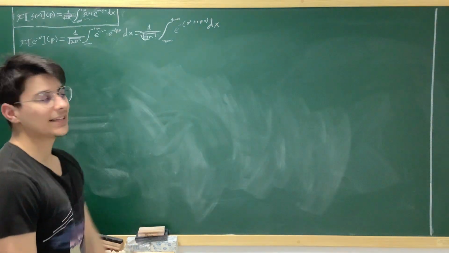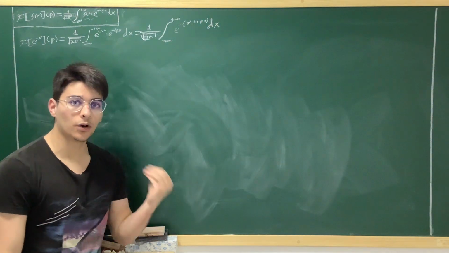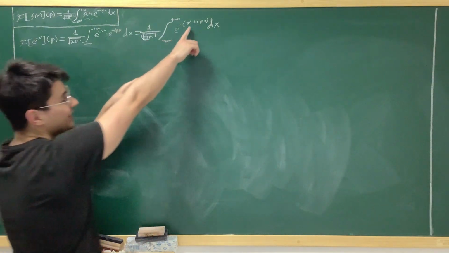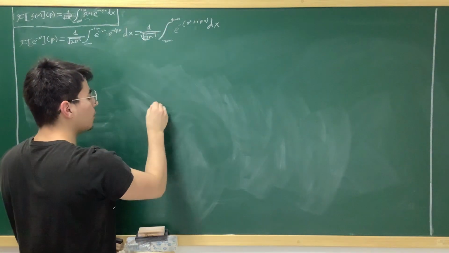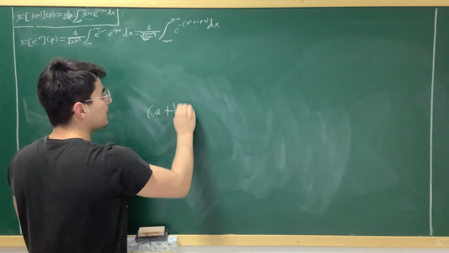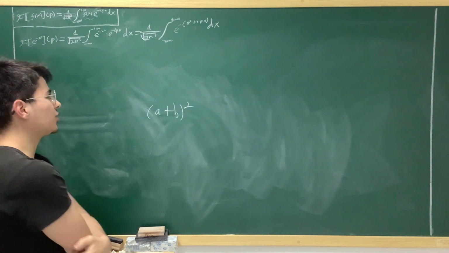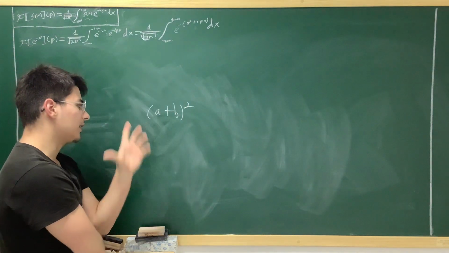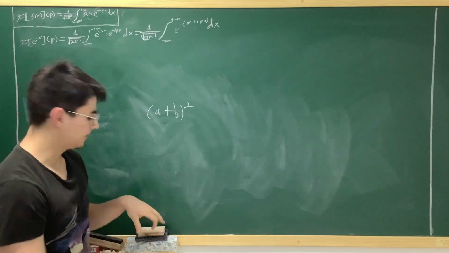What we do in these cases is we complete the square. That is, we want this to be a perfect square, in the form a plus b squared. Why? Because it's really useful to work with it that way, and we'll see why.